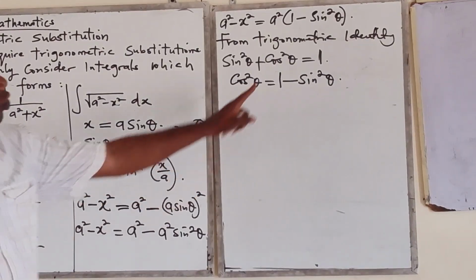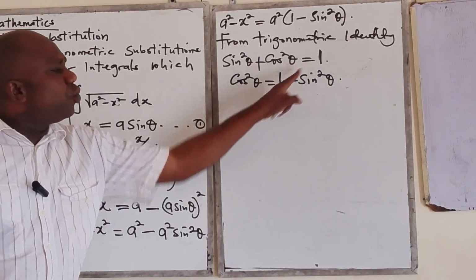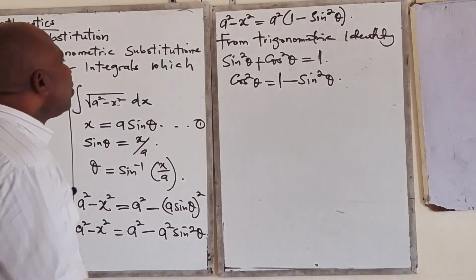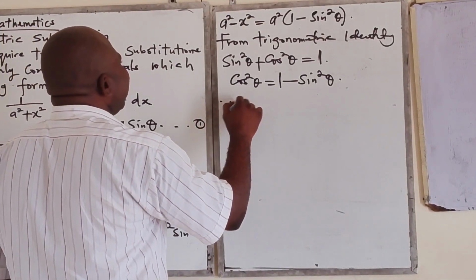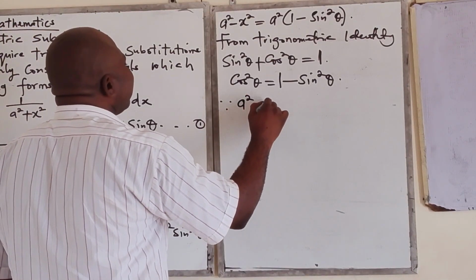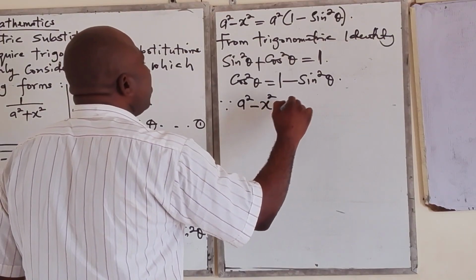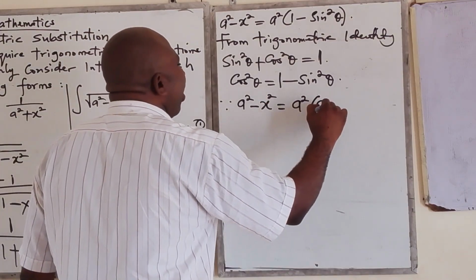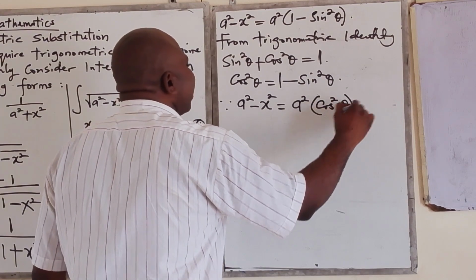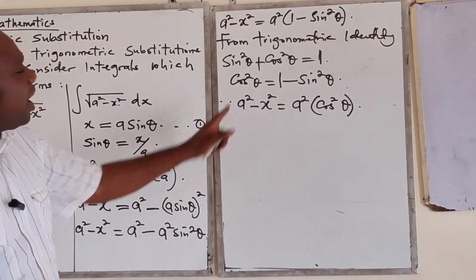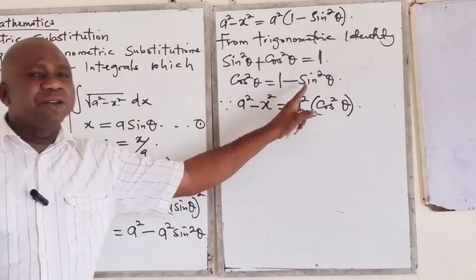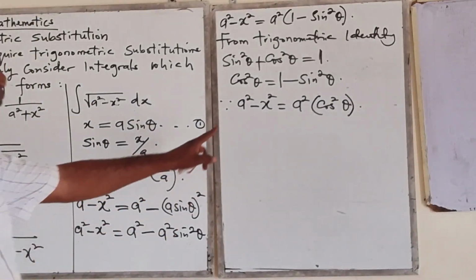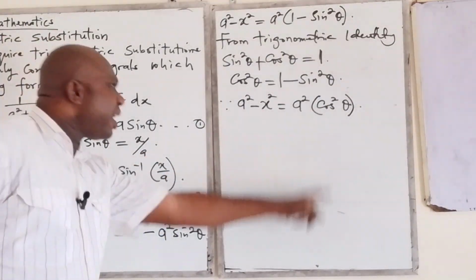So it therefore means that a squared minus x squared is equal to a squared in brackets cos squared theta. That is the value of a squared minus x squared.